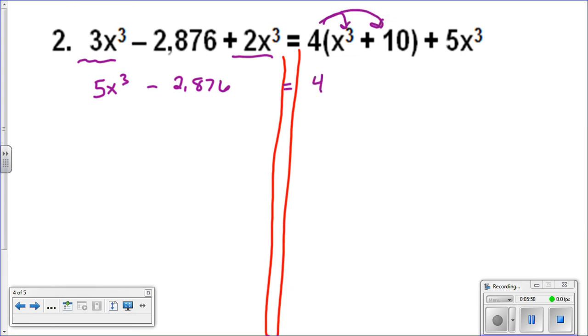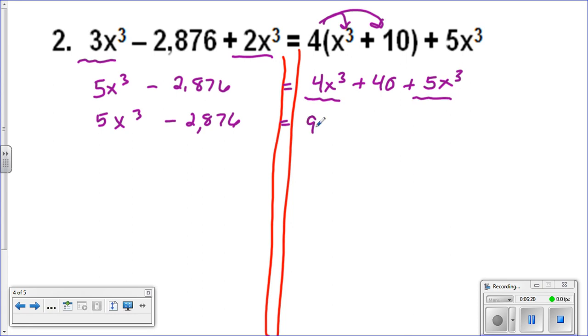So it's going to give me 4x to the third plus 40 plus 5x to the third. So 5x to the third minus 2,876 is equal to, let's combine our like terms here.